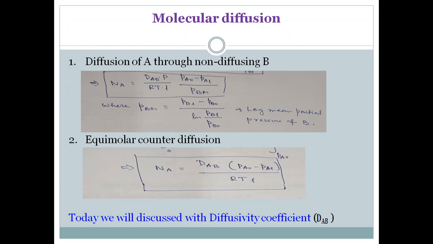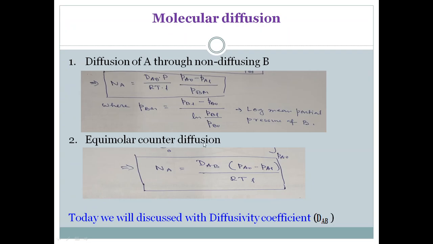One is diffusion of A through non-diffusing B, and we got the expression in terms of pressure. Flux Na equals DAB into P by RT L, into PA0 minus PAL by PBM, where PBM equals PBL minus PB0 by ln PBL by PB0, the log mean partial pressure of B.